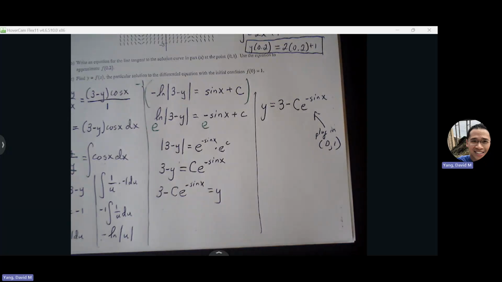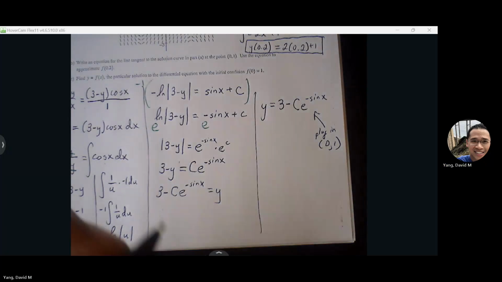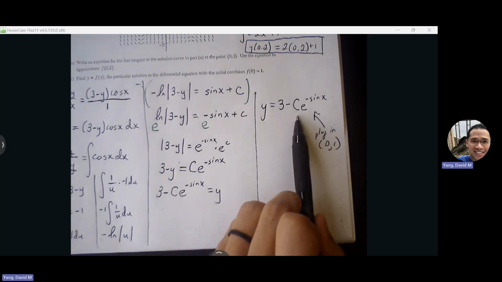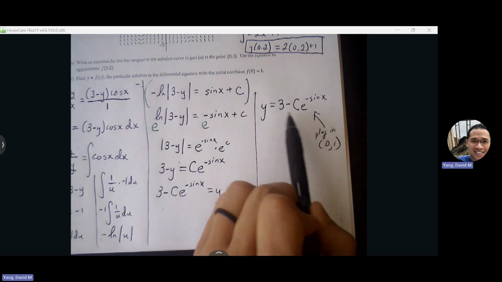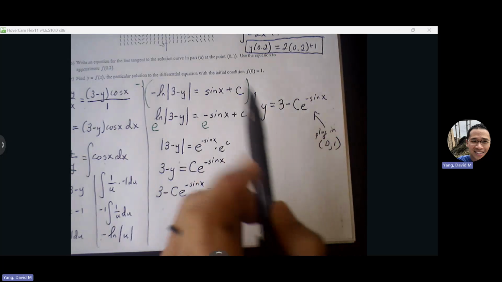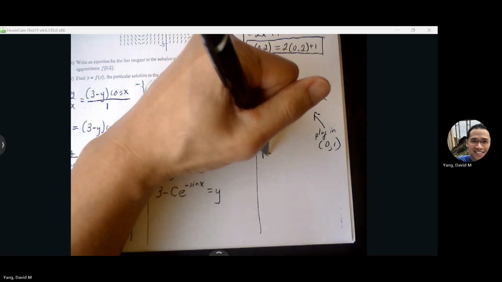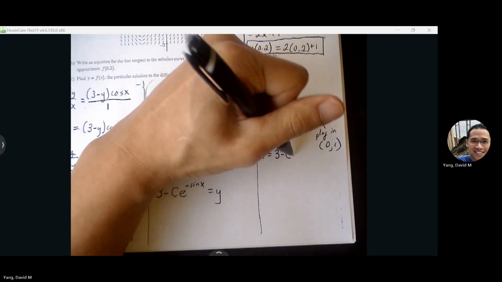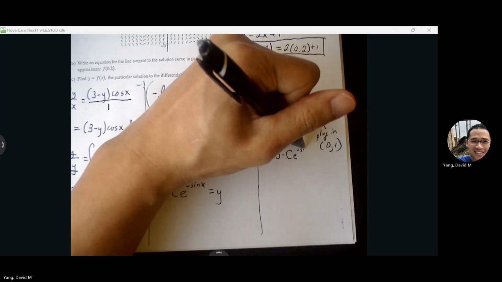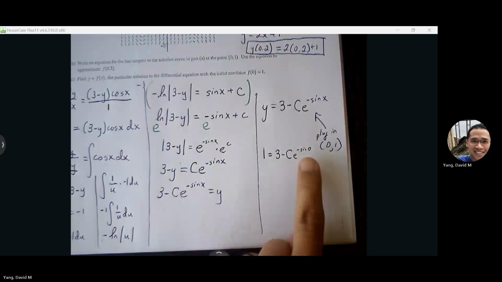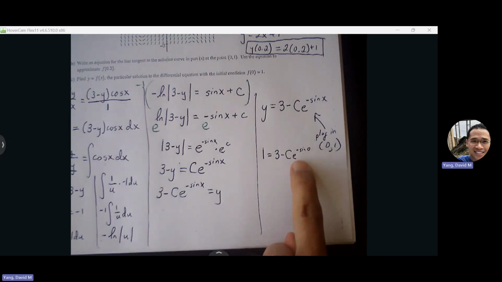Okay, so 0 in for X, 1 in for Y. Once I have that C value found, I can update this and turn this from a general to a specific solution. Sine of 0 is 0, e to the 0 is 1.